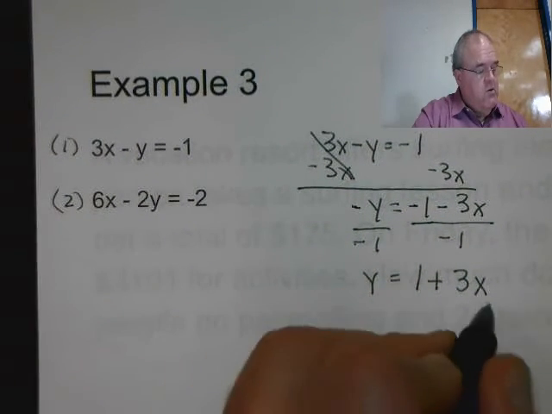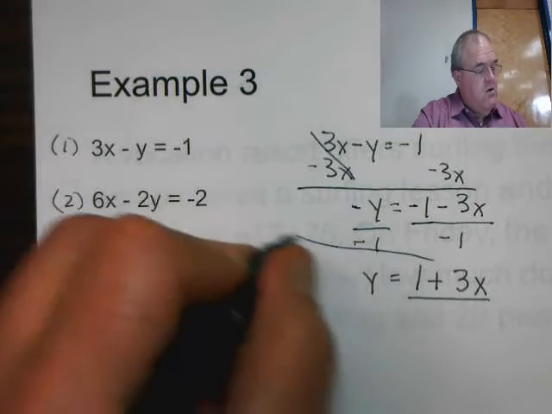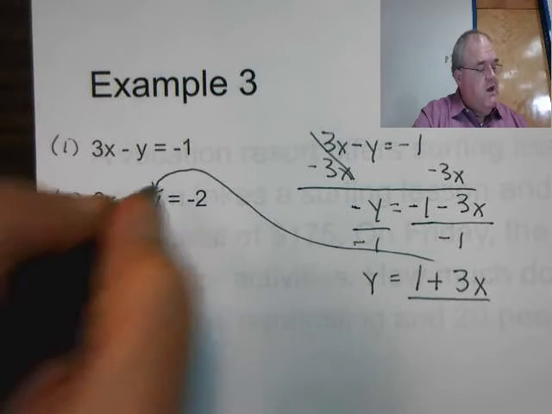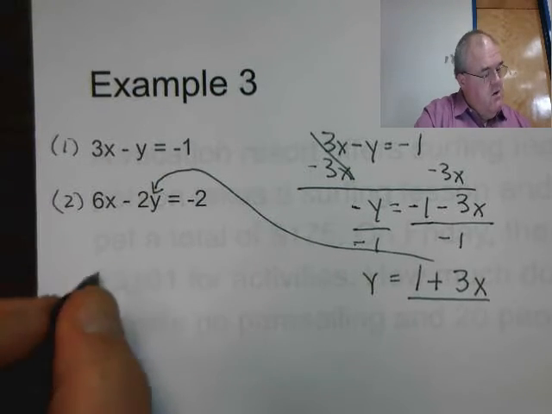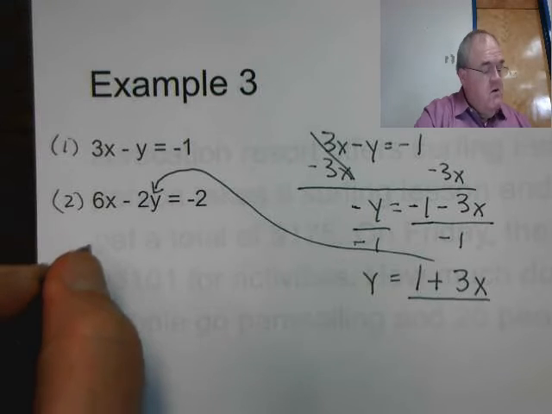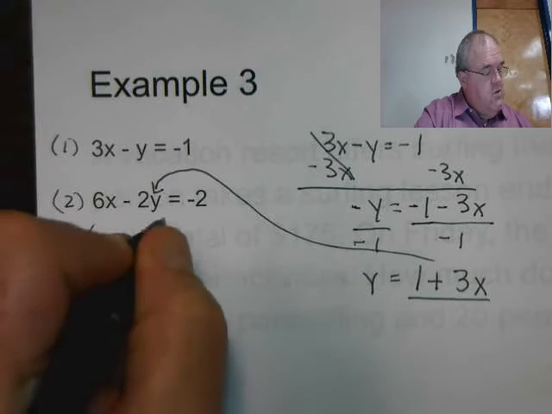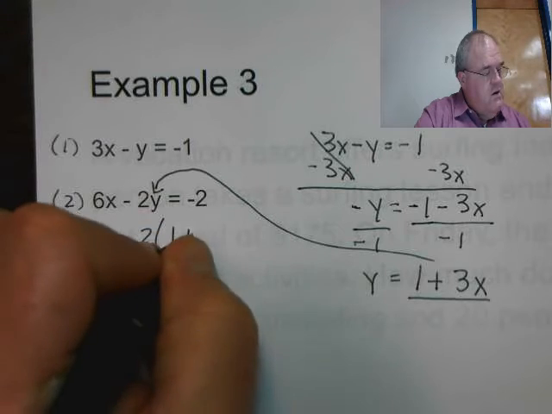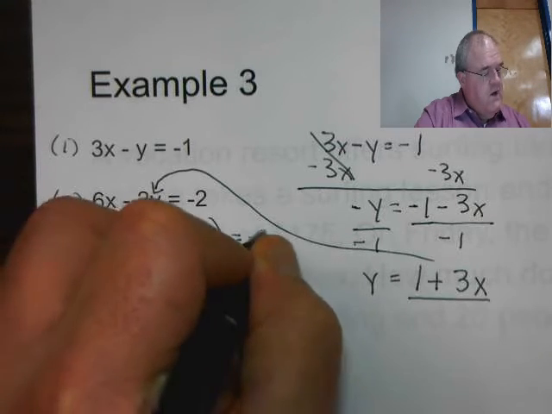So now what I'm going to do is take my 1 plus 3x and substitute that in for y in equation 2. So I'm going to have 6x minus 2 times 1 plus 3x equals negative 2.